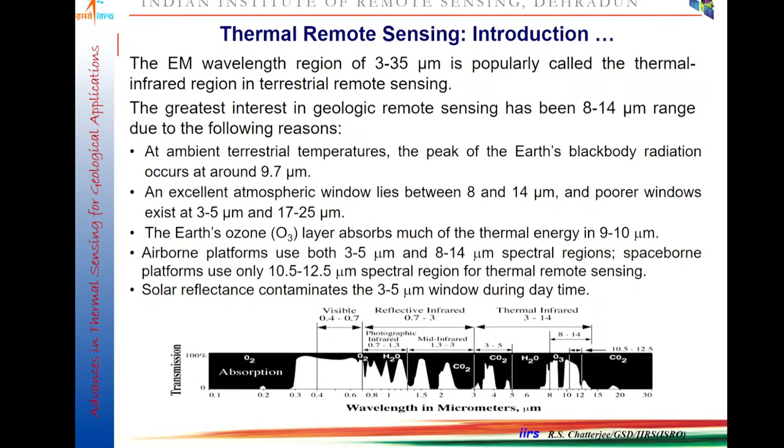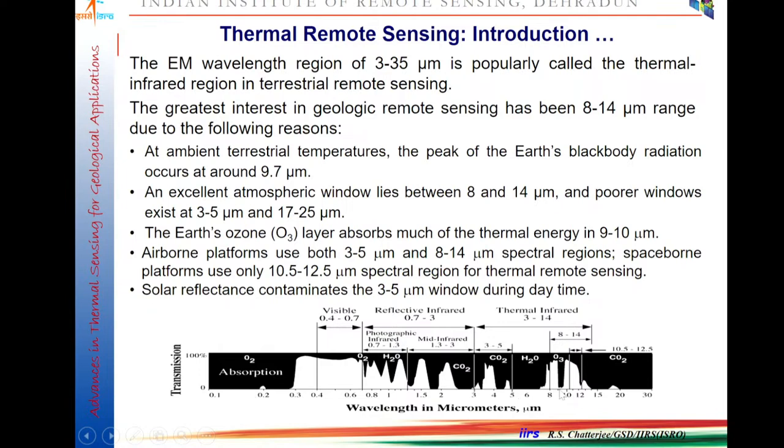But the most important reason is that there is an excellent atmospheric window available at 8 to 14 micrometer. Just see this illustration below. On the y-axis, this is the atmospheric transmittance, and on the x-axis, it is the wavelength in micrometer.